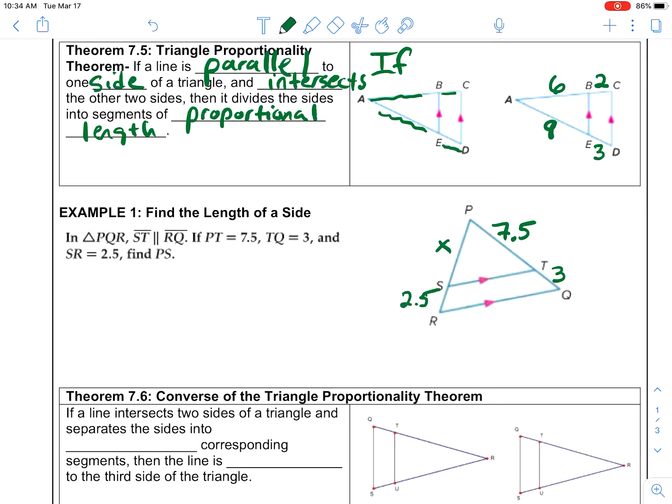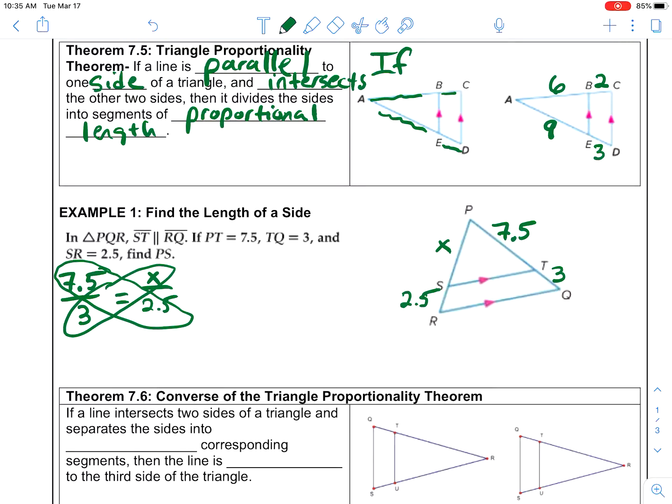All right, so we'll notice that we have the parallel lines. So what we're going to have is proportional parts on both sides. So we can set this up and say, okay, that means that the ratio of, say, 7.5 divided by 3 is going to be the same as the ratio on the other side of the triangle, so x over 2.5. All right, now I do like to use the cross multiply and divide method for solving my proportions.